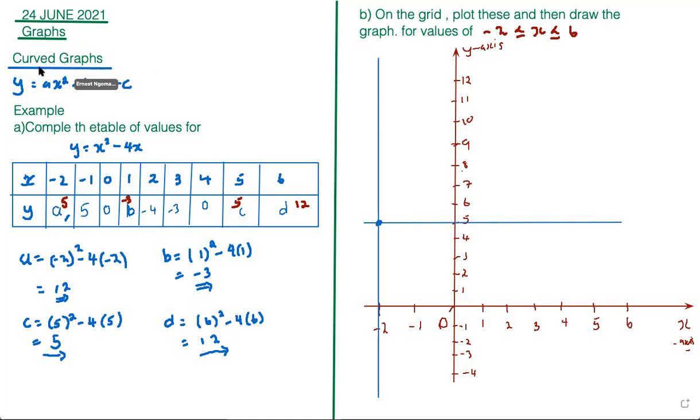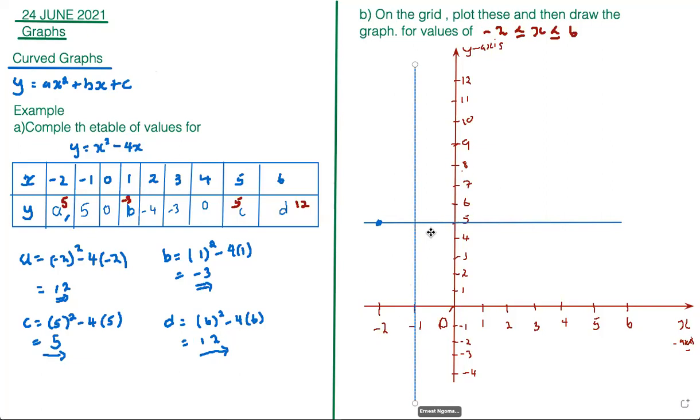Then we go to x is equal to -1. So we move this to that point, and y is 5 also? Yes, it's also 5. Strange. Let me see if I copied it correctly. So I made a mistake here. It's supposed to be 12.